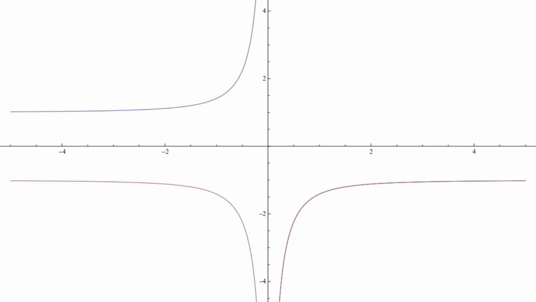We see that for x larger than 0, we both get the same solution, so there is no problem in that part. But for x smaller than 0, you can clearly see that our solutions are different. In fact, they are mirror images of one another with respect to the x-axis.